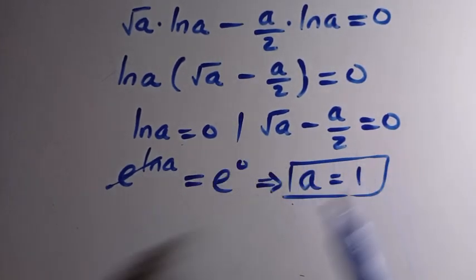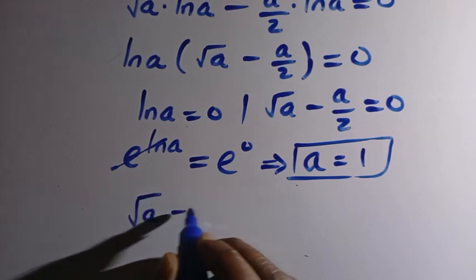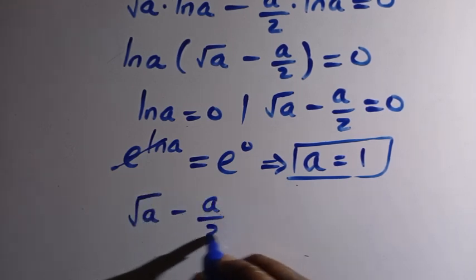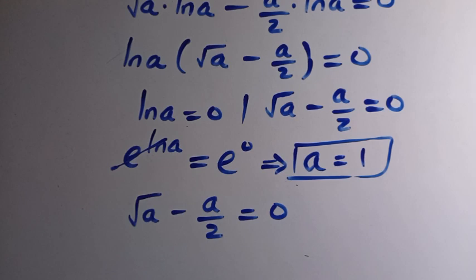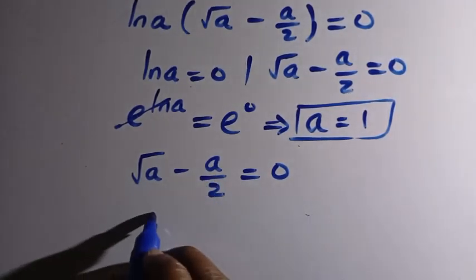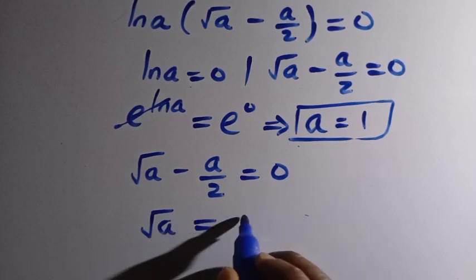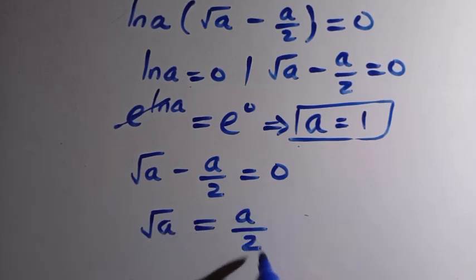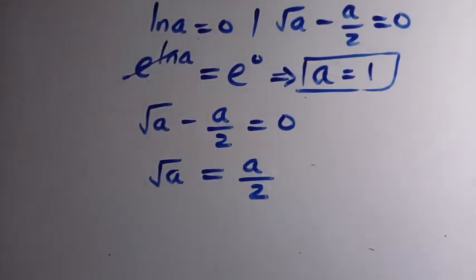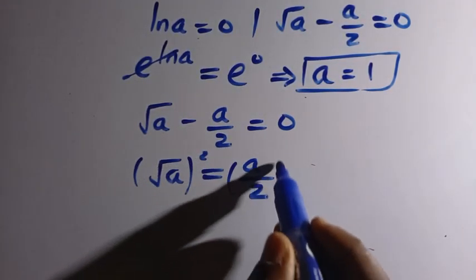And also, to get the other values, we have to consider square root of a minus a divided by 2 equals 0. Then let's transfer a over 2 to the other side. We have root a equals a divided by 2. And by this, let's take the square of both sides.